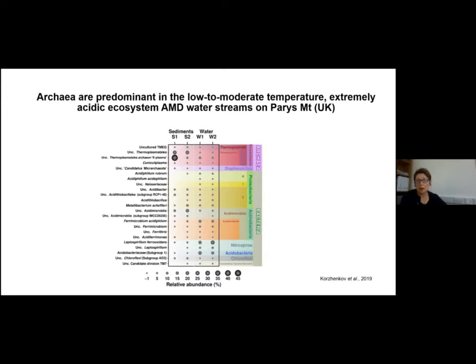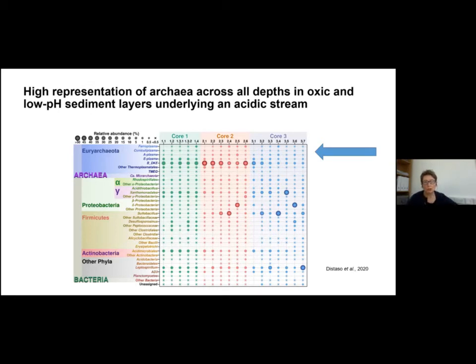For example, Micrarchaea numbers were low enough everywhere, but there was a slight increase in water samples in comparison to sediment samples. We also have found that archaea were represented across all depths in acidic stream environment, with some particular groups represented in higher numbers, like it could be seen here, like this E-plasma or B-decay variant.